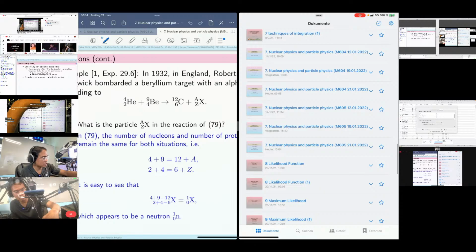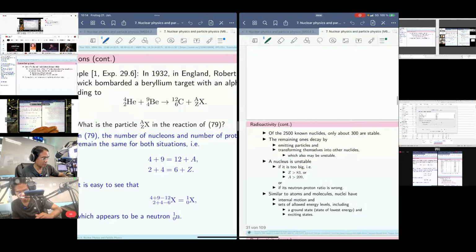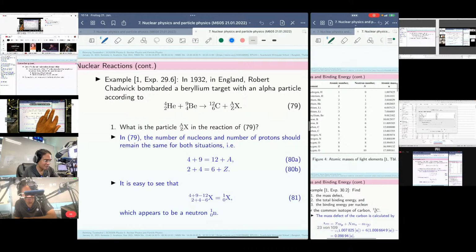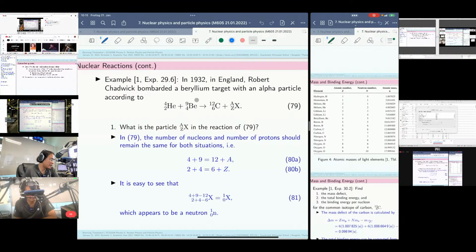Here we have beryllium 9,4, which is one of the isotopes. We also have beryllium 8,4, which we considered before. But here, Robert Chadwick tried to bombard beryllium 9,4 using the alpha particle.